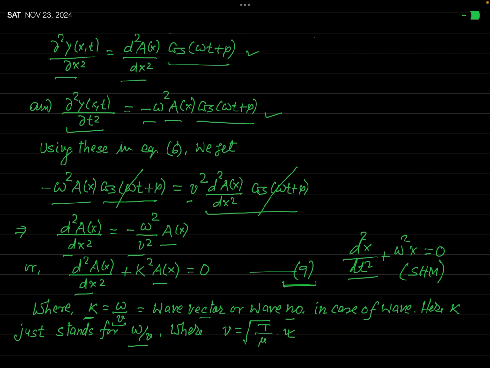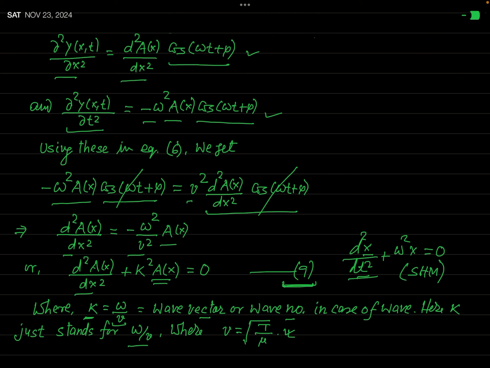So definitely this equation 9 will also represent some oscillatory motion. Here the quantity A(x) is oscillating instead of x. In this case, x oscillates with t, but here A(x) oscillates with x.